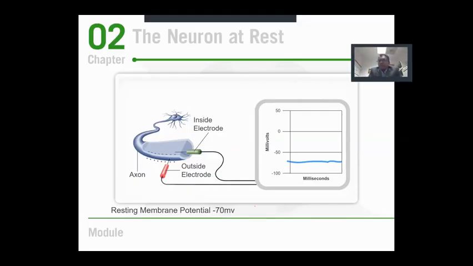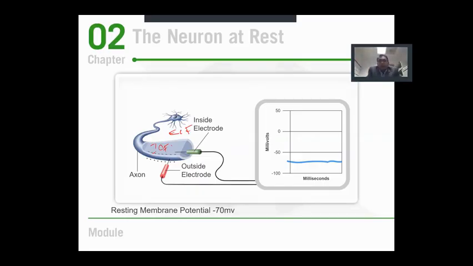Now, usually cells are embedded within a fluid. We call that extracellular fluid. So we have extracellular fluid outside the cell and intracellular fluid inside the cell.